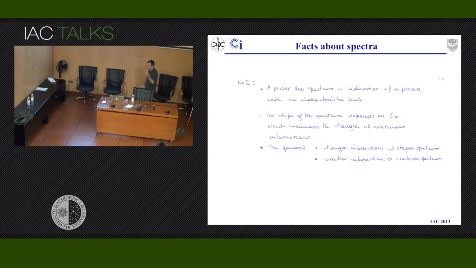They couldn't be stronger. So a time proportional to the turnover time is a very strong interaction. In general, the stronger the interaction, the steeper the spectrum, and the weaker the interaction, the shallower the spectrum. So if you start messing around with this, you change the spectrum of the turbulence in the inertial range.